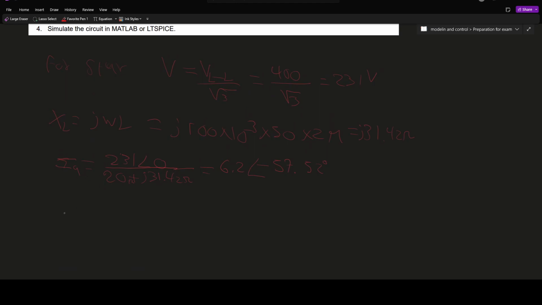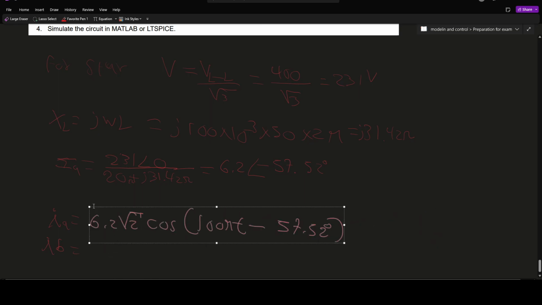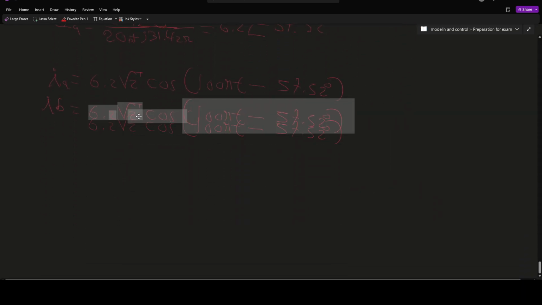Now this is the phasor current for A. If we want to write it in another way, we could write 6.2 square root 2 cos of 100 pi t, because we have 50 hertz, and 50 hertz is 2 pi times 50. Now for phase B, it's going to be the same magnitude. I'm just going to copy it here.